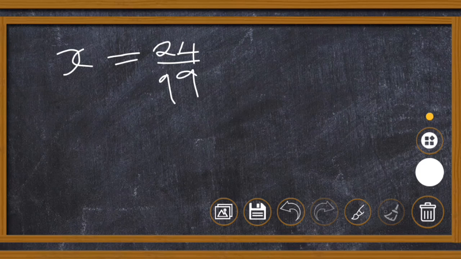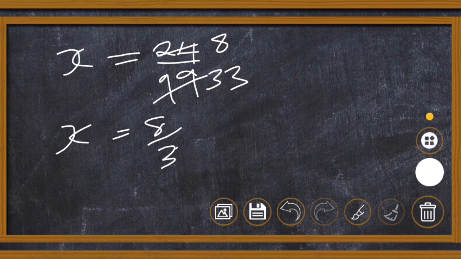Like I have said before, if you can simplify the expression, make sure that you do likewise. We know that this can be simplified further, because 3 into 24 goes 8 times, and 3 into 99 goes 33 times. So in short, x equal to 8 over 33.